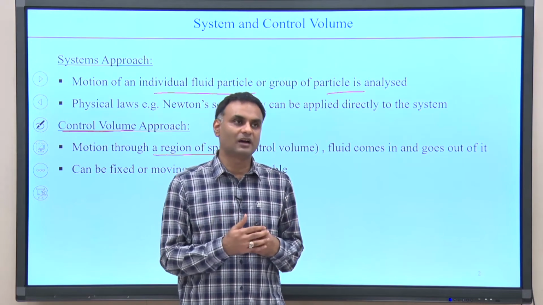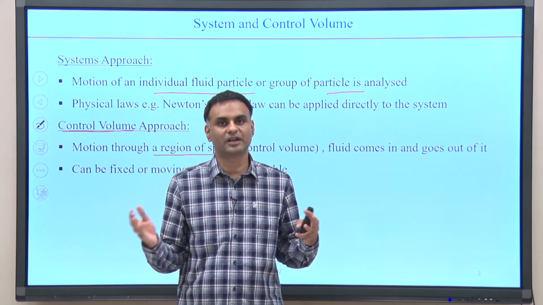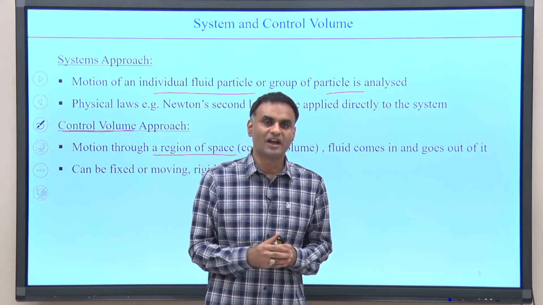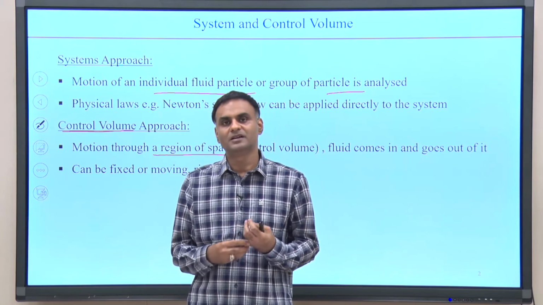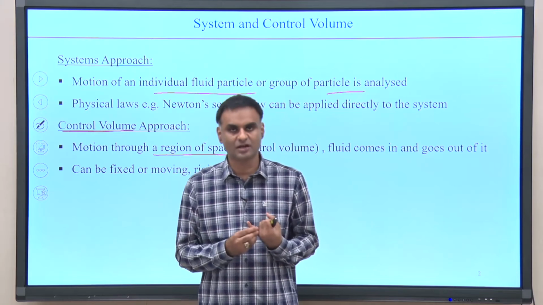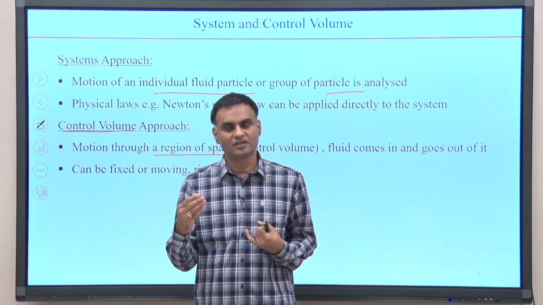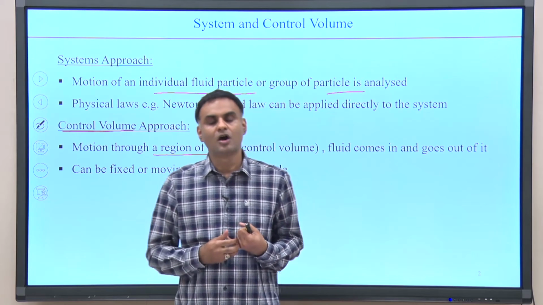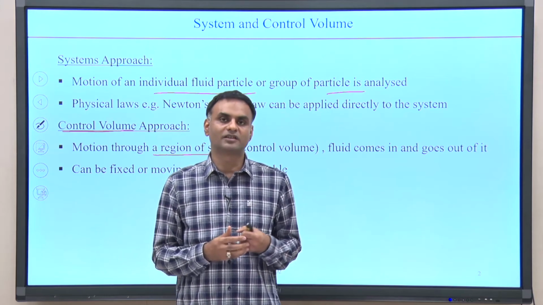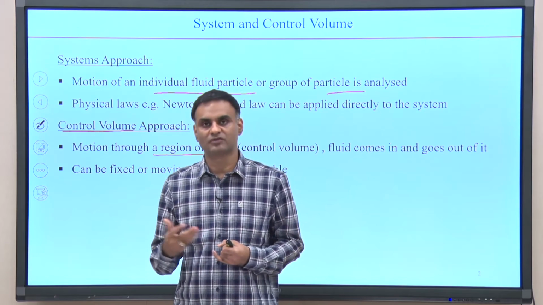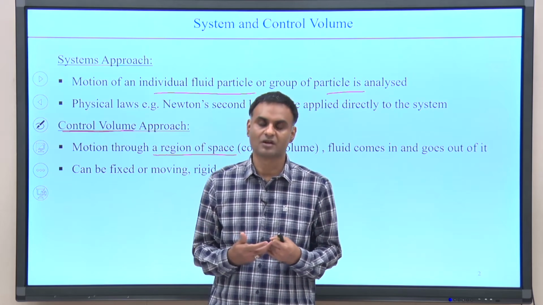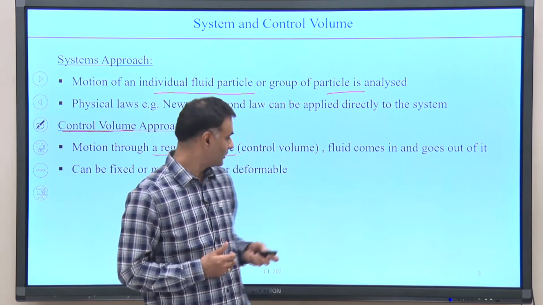When we analyze a problem, most of the time the control volume is an imaginary volume, and depending on the problem we might need to assume that this control volume is fixed, or moving with a constant speed, or accelerating. Its boundaries may be fixed, or it may have flexible or moving boundaries.